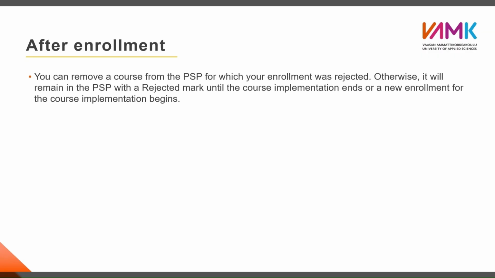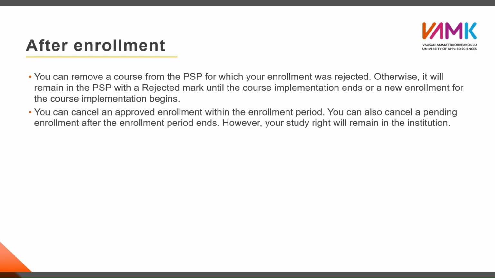You can remove a course from the Personal Study Plan for which your enrollment was rejected. Otherwise, it will remain in the Personal Study Plan with a rejected mark until the course implementation ends or a new enrollment for the course implementation begins. You can cancel an approved enrollment within the enrollment period.